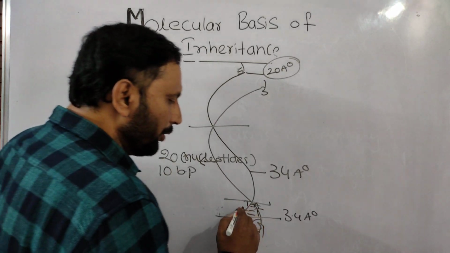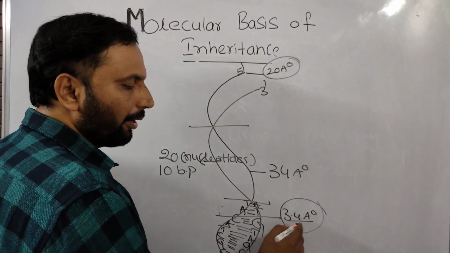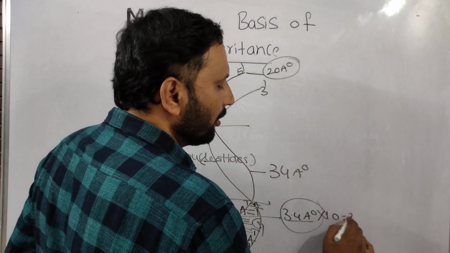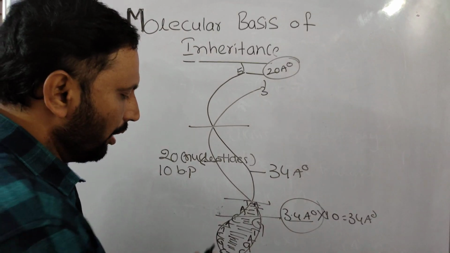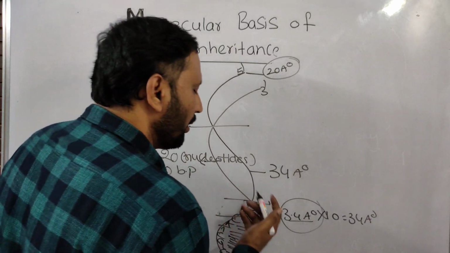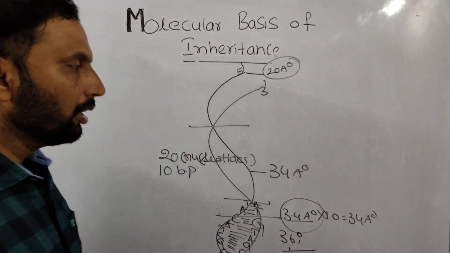The distance between one nucleotide pair and another is 3.4 angstrom units, so 10 pairs means 3.4 into 10, equal to 34 angstrom units, the length of the coil. The angle between one coil and the next is about 36 degrees.